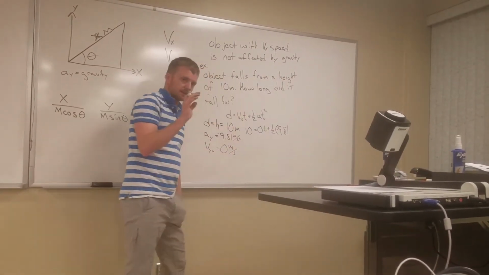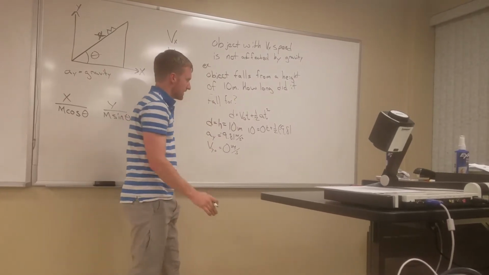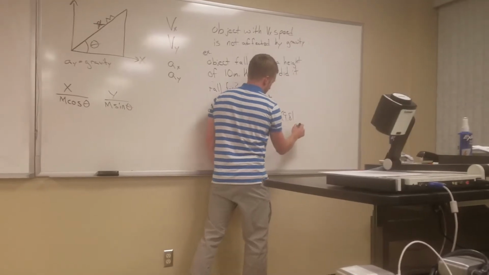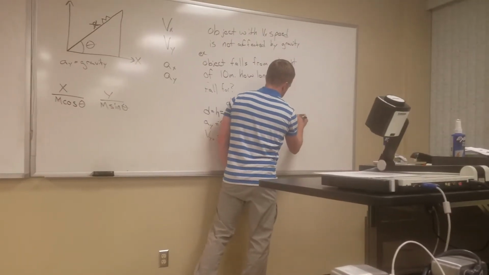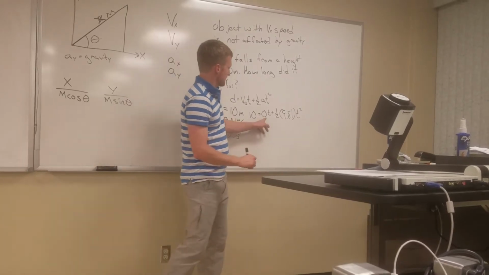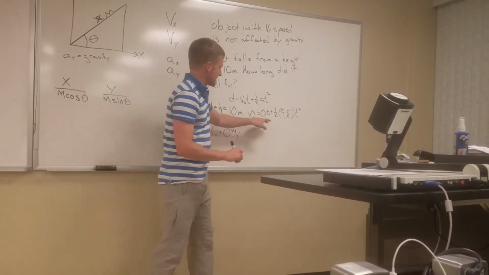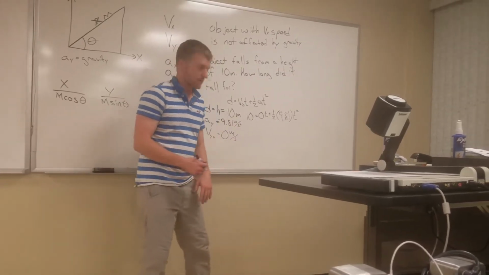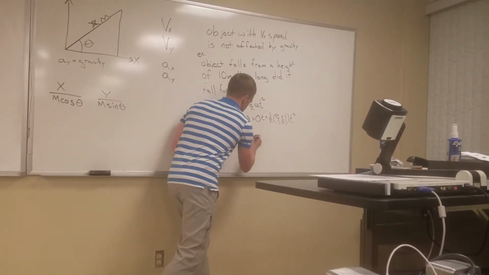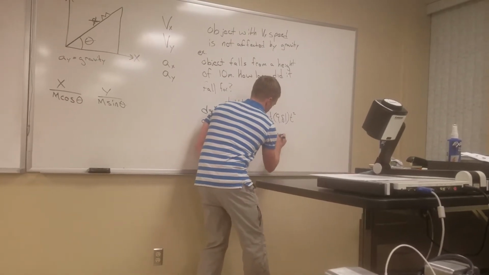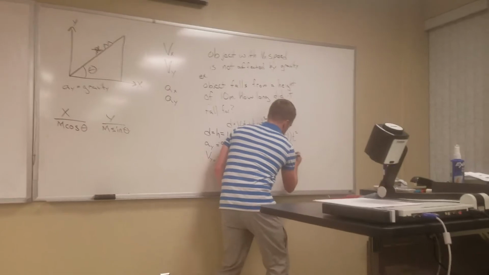To make things easier, since there isn't another direction, we're going to make this 9.8 positive for now, times t squared. So 0 times t, we can get rid of because anything times 0 is 0. So 10 is equal to 1/2 times 9.81 times t squared.